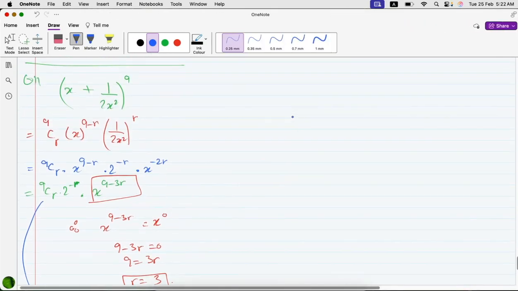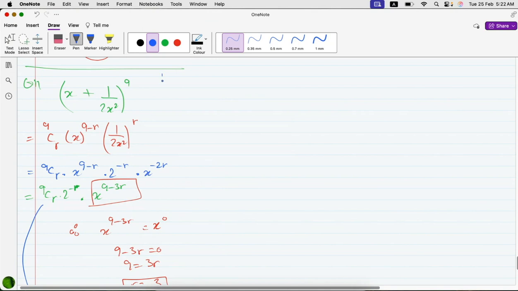See, when we expand this, the formula was supposed to be 1 plus nC1 a^(n−1) b^1, nC2 a^(n−2) b^2 and so on. So it keeps moving, nCr a^(n−r) b^r, and the last one becomes b raised to power n.